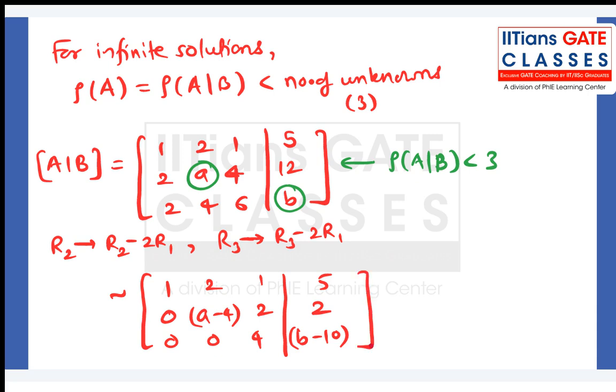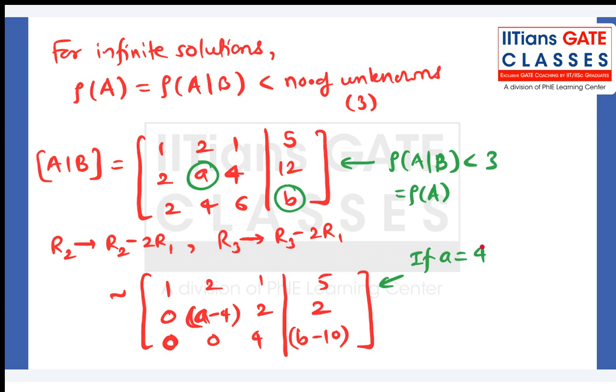Okay, so now this condition where the rank of A also has to be less than 3. That is possible only if, let's say, A is equal to 4. Then what happens? Your second row becomes 0 0 2.